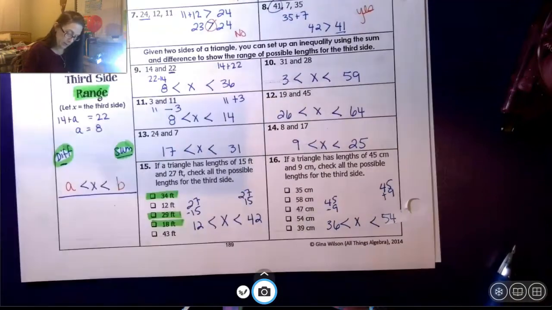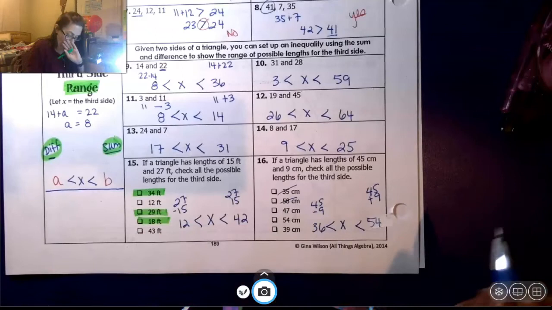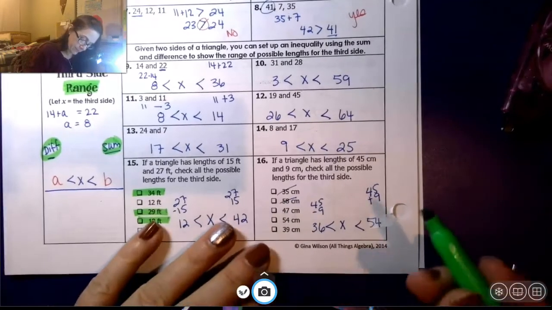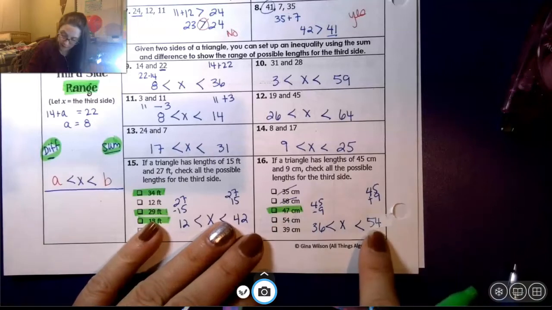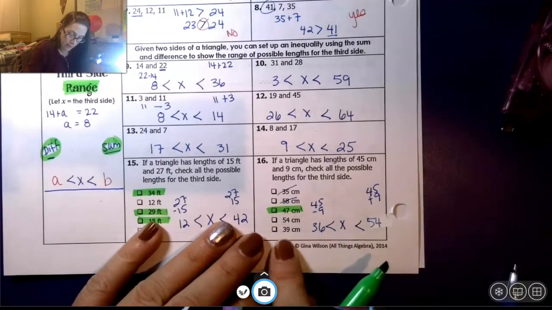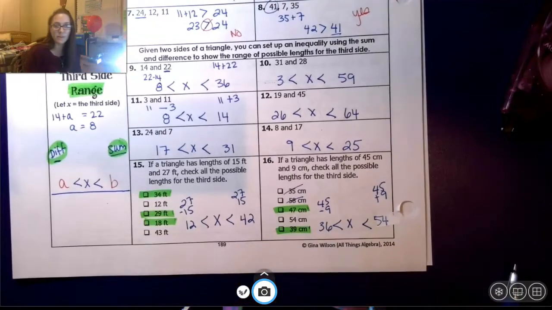So 35 is too small. 58 is too large. 47 is between. 54 is exact, so that's not going to work. And then 39 is going to be between. There are our answers.